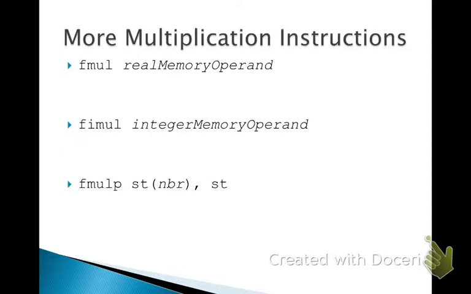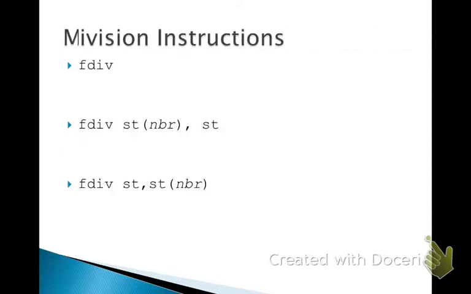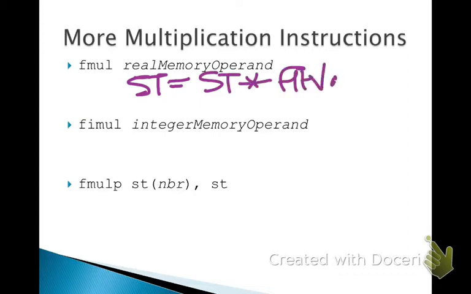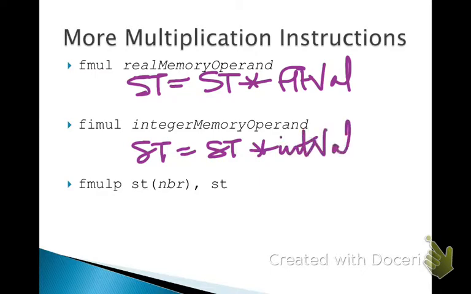So FMUL real memory operand, this is going to multiply the stack top by that real value, replacing stack top with the product, stack top times float val. This will do the same thing, except with some integer value you've stored in memory.